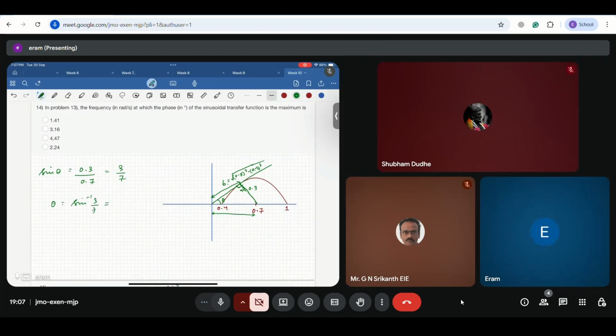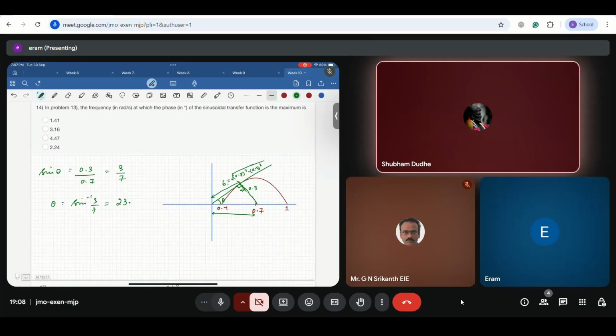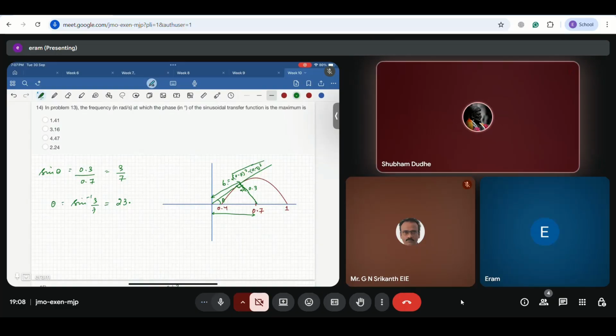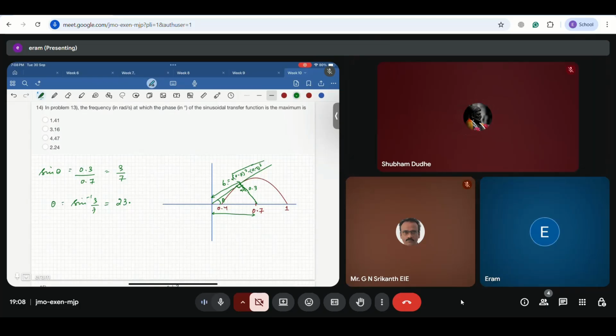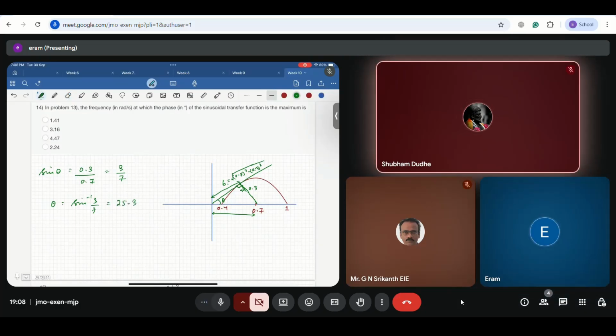How much? I have not calculated it, so whatever you are saying, I think it is correct. It is 25.37 degree.